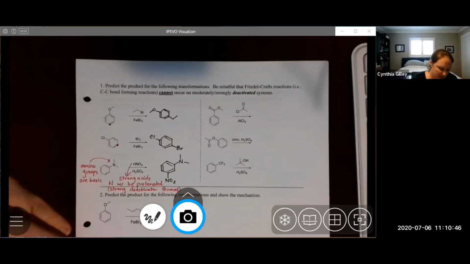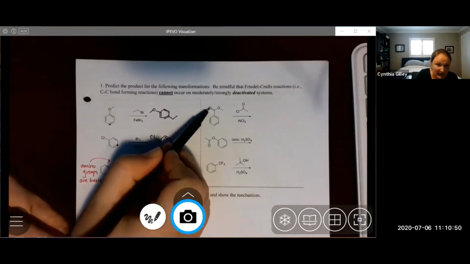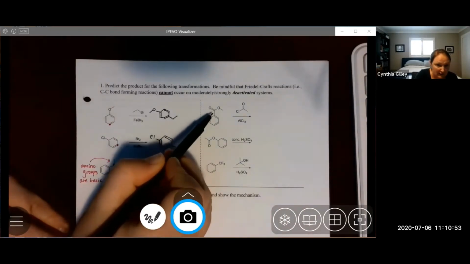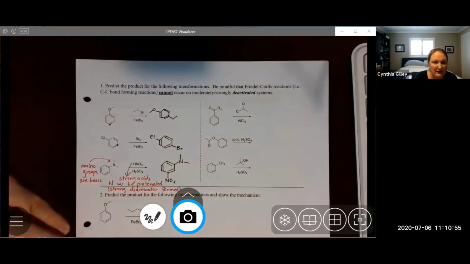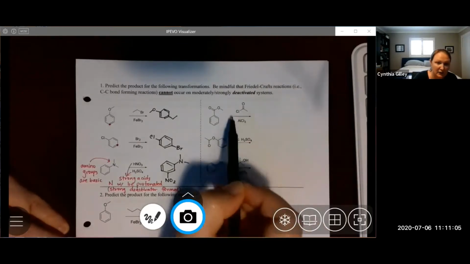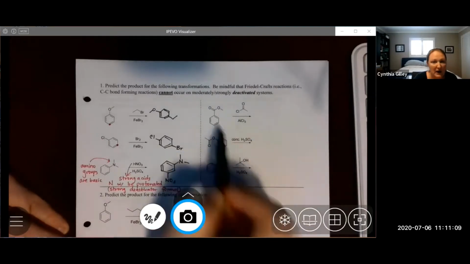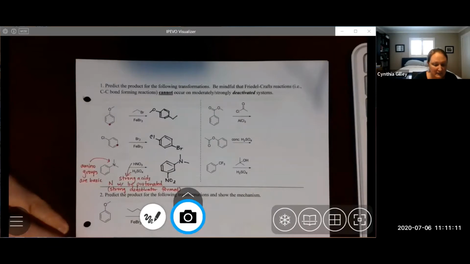Okay, so with this group, because the carbonyl is directly attached to the ring, this is a moderate deactivator. And it would be a meta director, because it's a deactivator. However, remember that we cannot do any kind of Friedel-Crafts reaction on a ring that is either moderately or strongly deactivated.